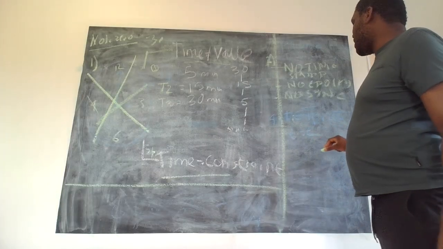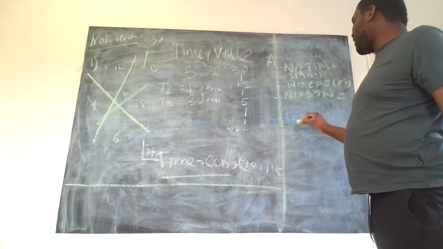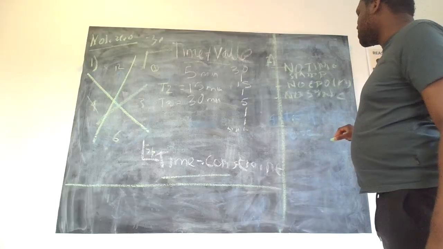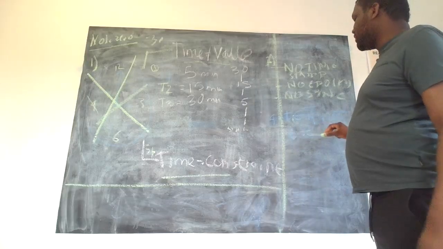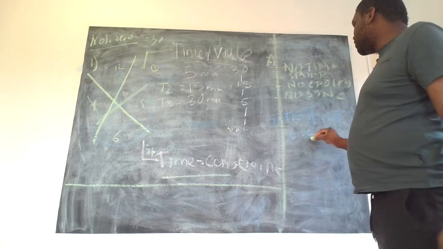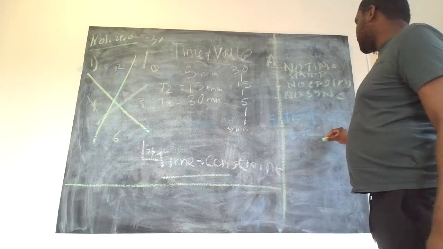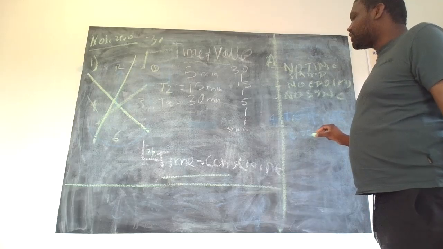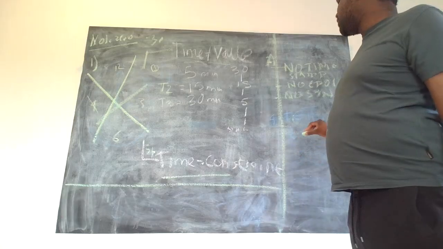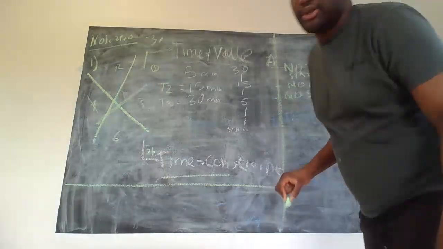So T sub i is an element of capital Ti, not T equals the first derivative of time. The first derivative of time is T prime. T prime represents the derivative of time.